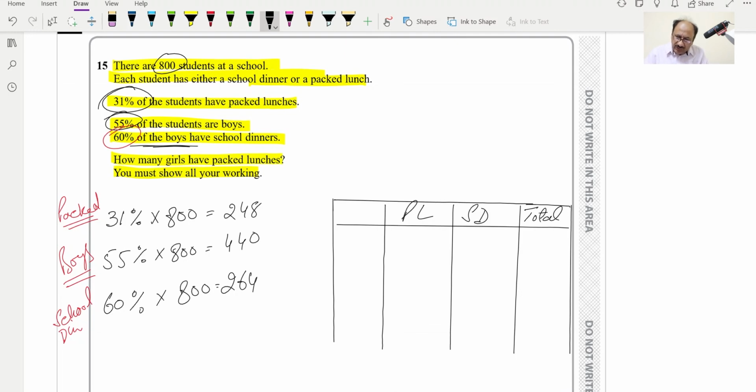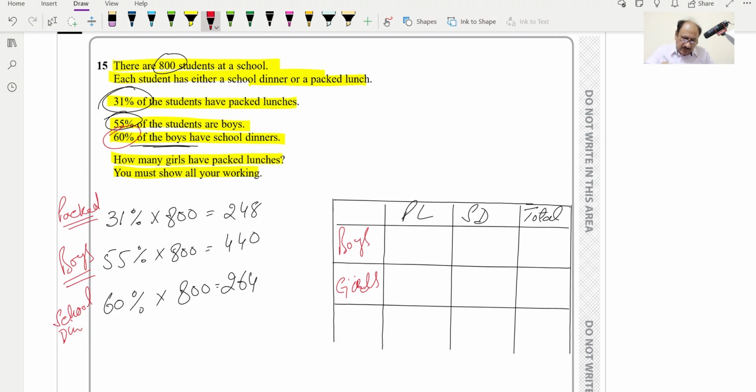And first we can take boys on this side, and then girls, and the third row, total. This is basically a two-way table.